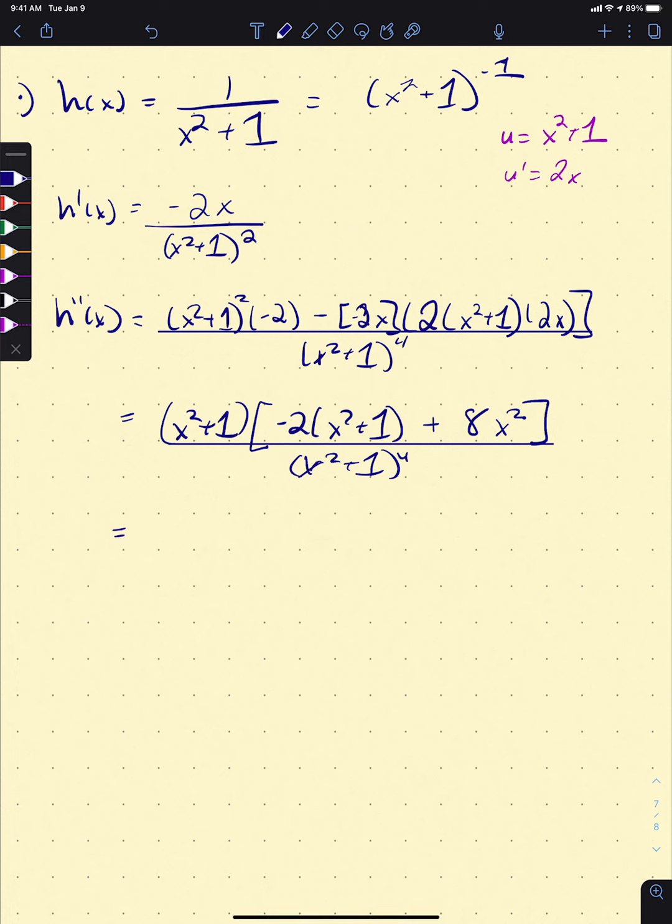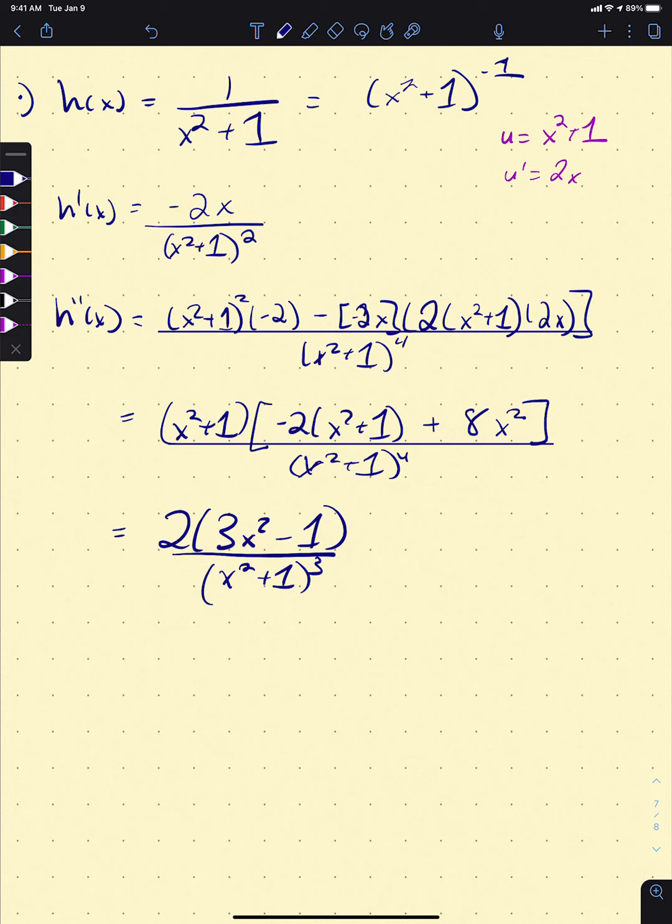And then when you simplify this inside and cancel one of these, you're left with 2 times 3x squared minus 1 over x squared plus 1 cubed. Took a little bit of work, but this is our function.